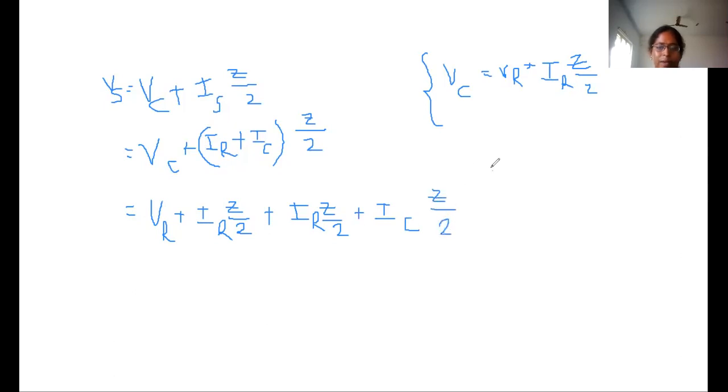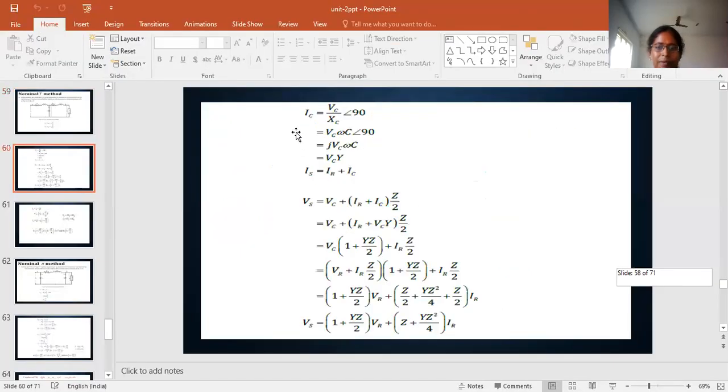We know the Ic value, in terms of only Ir and Vr we can get that value. We calculate the Ic value: Ic equal to Vc into Y.